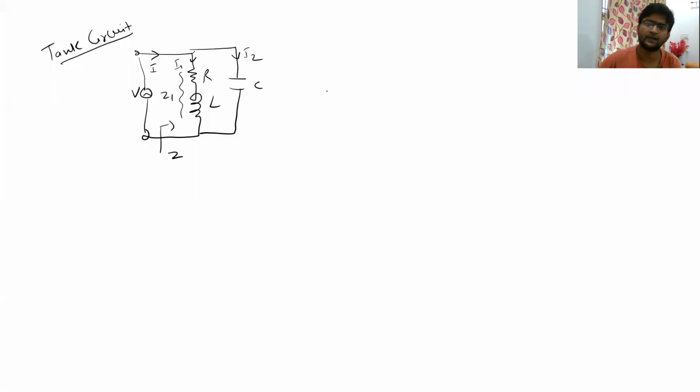Now, in the case of tank circuit, as we did already in the previous slides, for the circuit to be in resonance, the reactive components of the currents should cancel each other out. So as you can see, this can be your I2 with respect to IR, which is going to be I in the case of resonance.